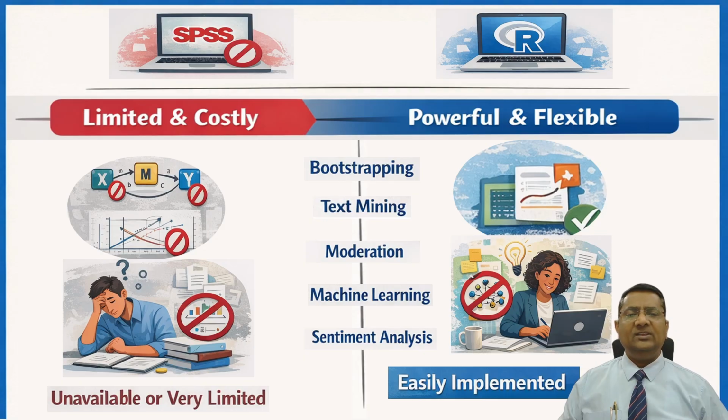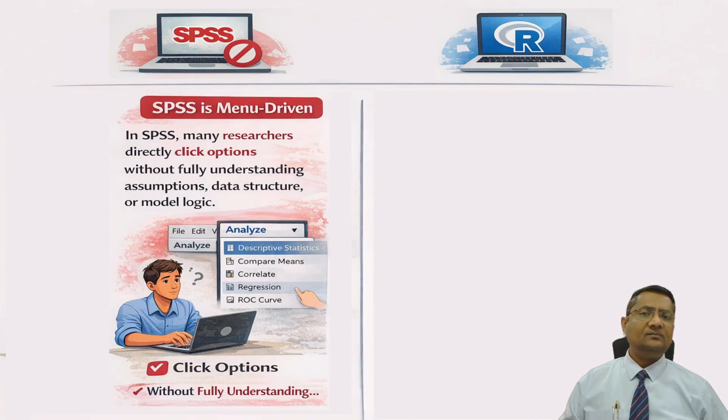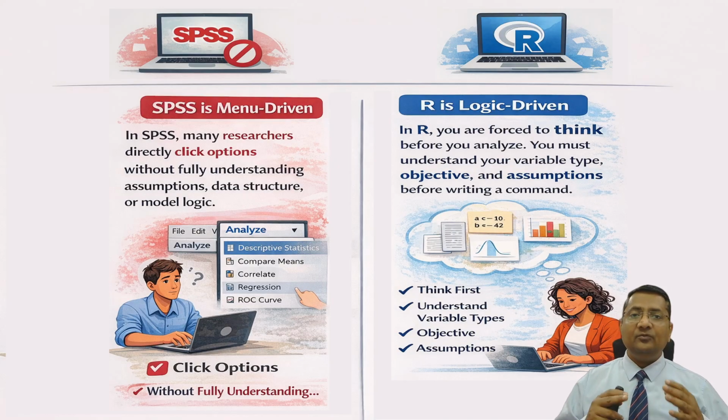Another difference between SPSS and R is that SPSS is menu driven and R is logic driven. In SPSS, many researchers directly click options without fully understanding assumptions, data structure, or model logic. In R, you are forced to think before you analyze. You must understand your variable type, objective, and assumptions before writing a command.